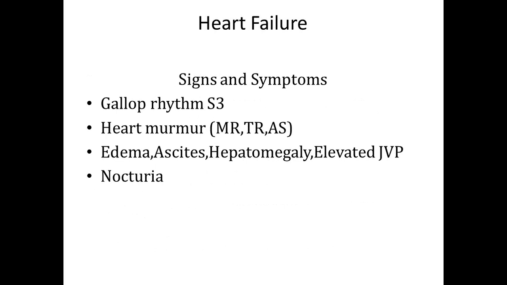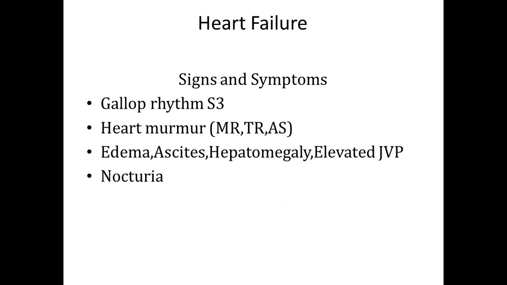Again, if there is pulmonary hypertension, then you're going to get ascites, you're going to get hepatomegaly, you're going to get edema of the lower extremity or the sacral area, and you get an elevated JVP.